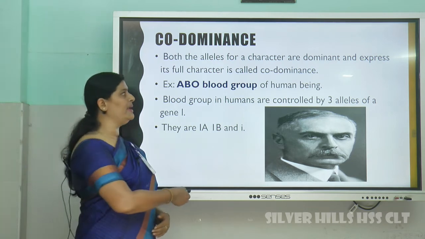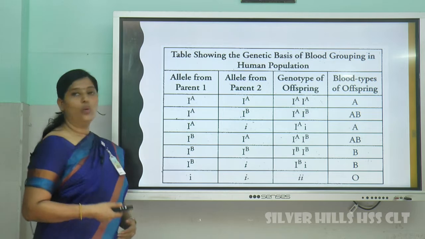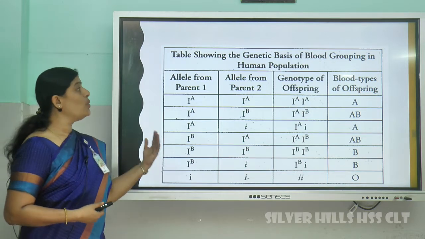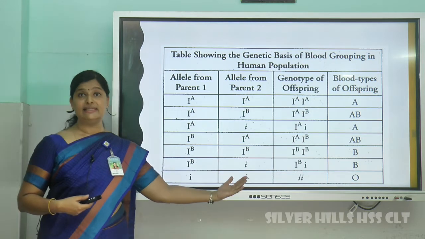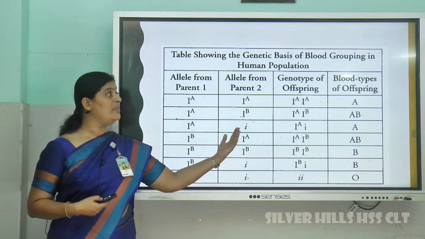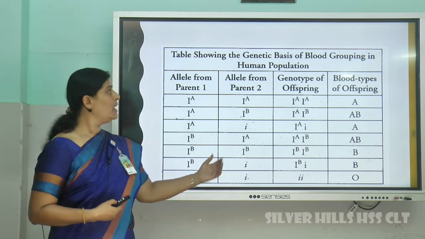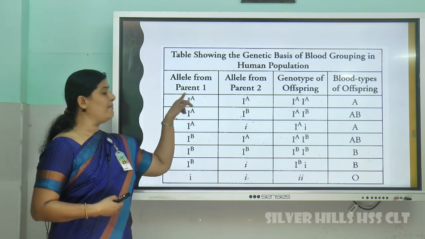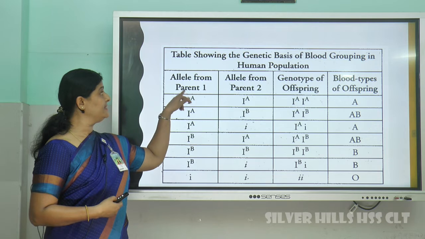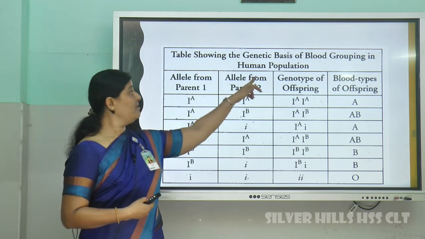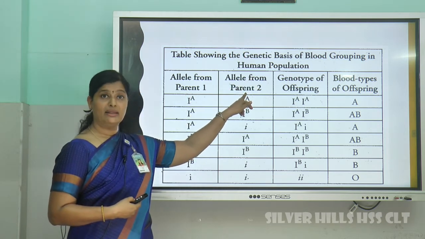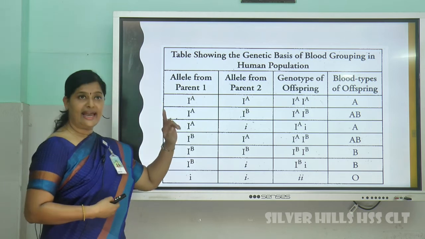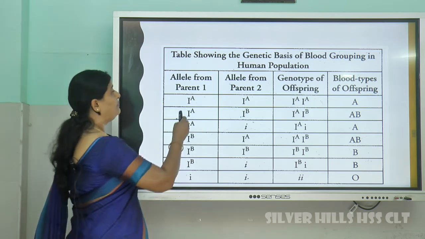ABO blood grouping. Now let's see how it works. This table tells us how our blood grouping is made. In the first case, we'll take the allele from parent A, let it be the father, and the allele from parent B, let it be the mother.